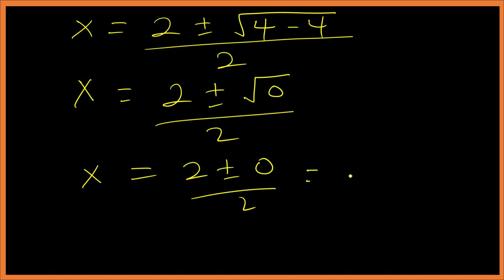So we have 2 over 2, that is 1. So this side, 2 plus 0 or 2 minus 0 gives the same thing. Okay, so let's take b as 1.